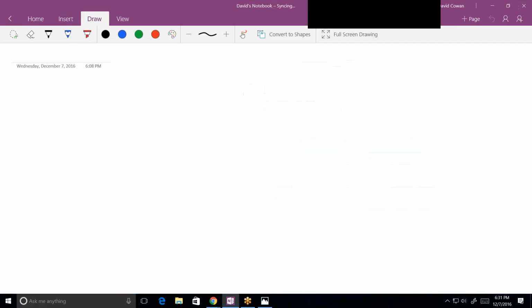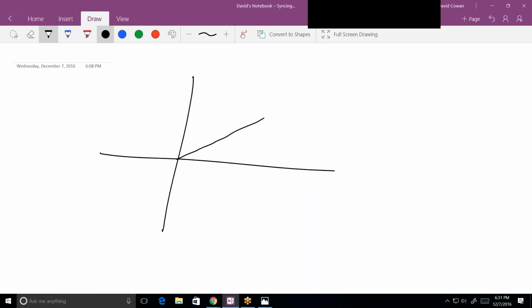The most important thing about vectors is usually if you have a vector like that and you know this angle, you want to know what the east-west component of that vector is, and you also want to know what the north-south component is. Now, vectors have both direction and magnitude.